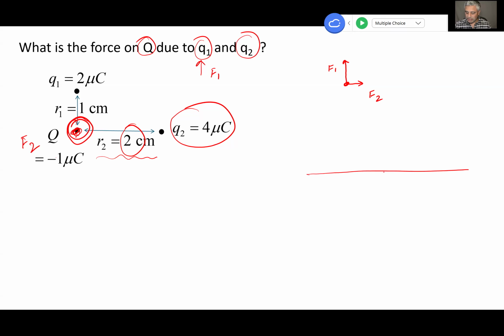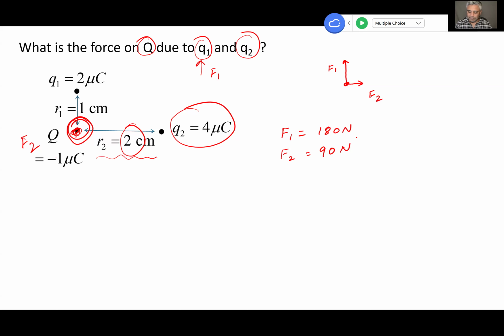Remember we had the same charges, but they were lined up like this. Now they are in a triangle. So it's the same thing, the process is exactly the same. So I'm just going to write the values. F1 we had was 180 Newton, if I remember correctly, and F2 is 90 Newton.